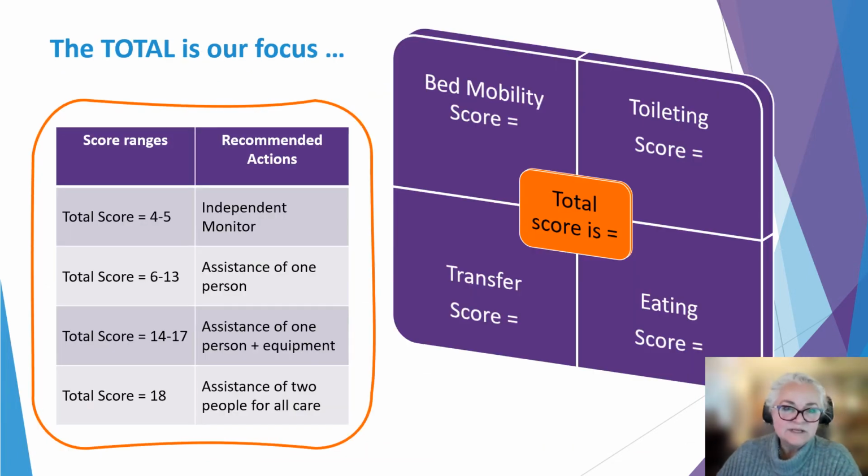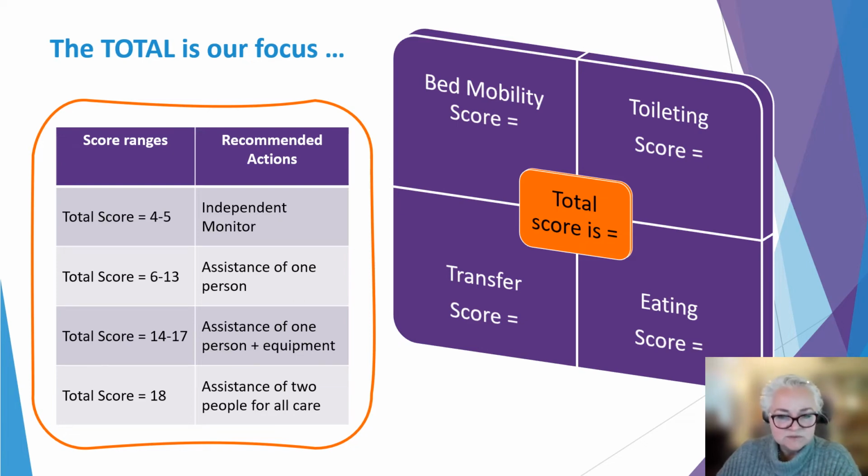So having scored each one of those activities of daily living, as you can see in the square there, you will then add all of those scores up and have a total score. The interpretation of the total score is as on the left-hand side in that table. Total scores of between 4 and 5 indicate independence, but because they're in your care, they obviously need monitoring.